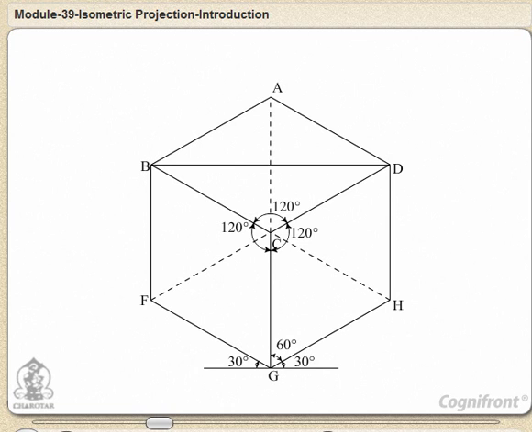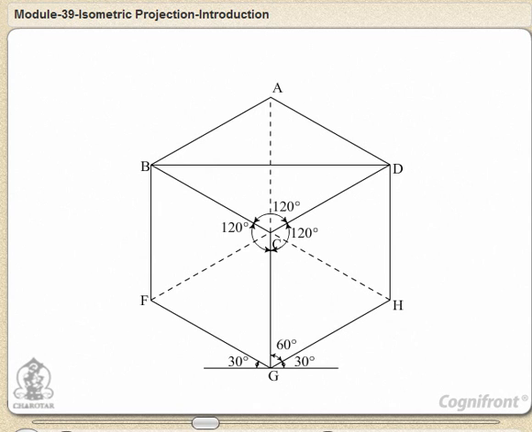The lines parallel to these axes are called isometric lines, that is lines BF, DH, AE, FG, AD, EH, GH, AB and FE are called isometric lines.